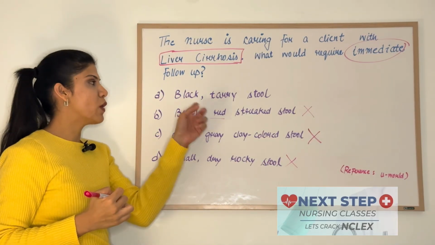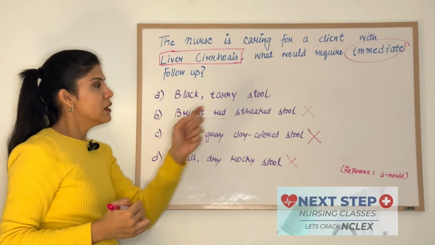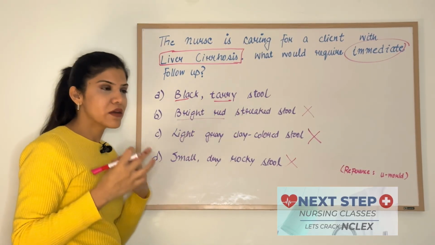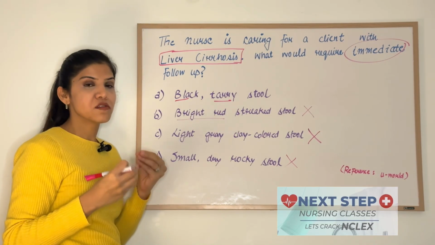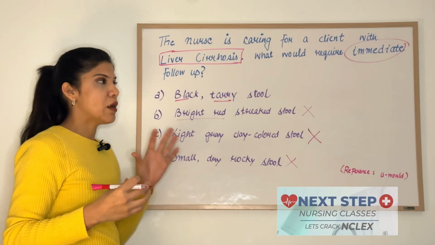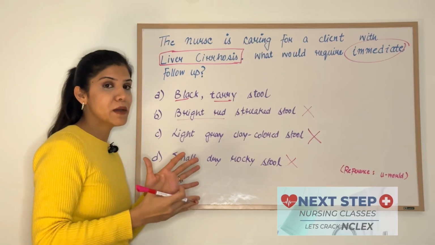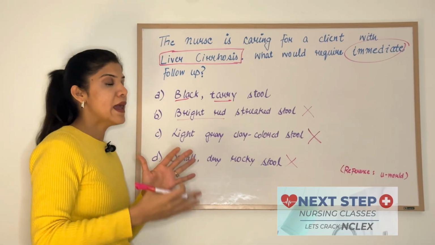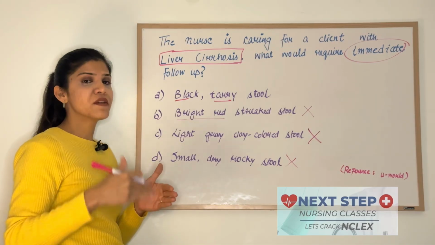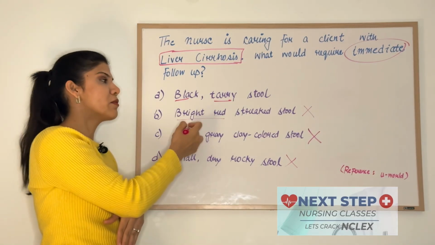Now I'm just left with one option, black tarry stool. Black and tarry means dark colored, consisting of blood, right? This is suggestive of melena, presence of blood in the stool. Like I said, there might be a problem with the liver and the person might be bleeding internally, but it is not going to be fresh blood. Since it was not fresh blood, we eliminated bright red.